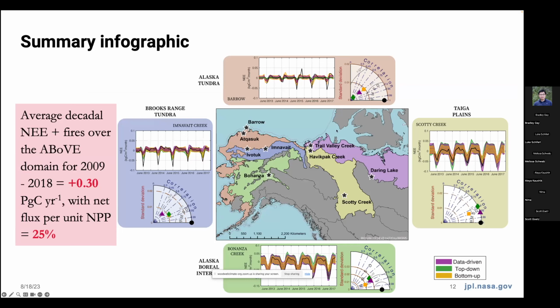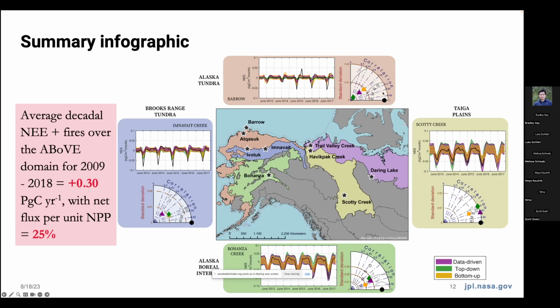This is a summary infographic that I put together. I think I've shown a version of this at ASTM 8 or so, which shows, for some of the specific regions, how the different flux estimates compare against the eddy covariance tower data.